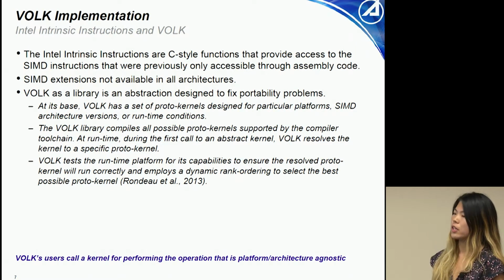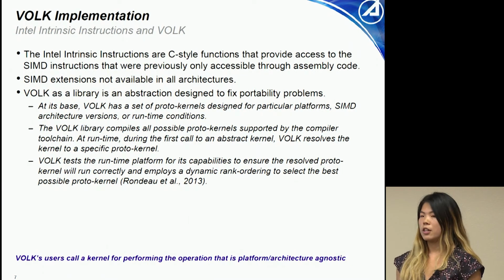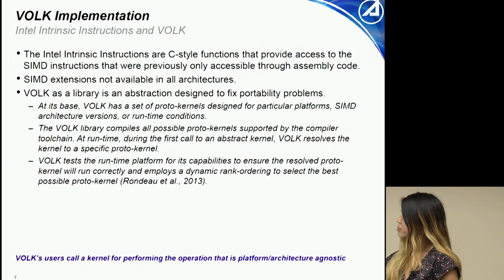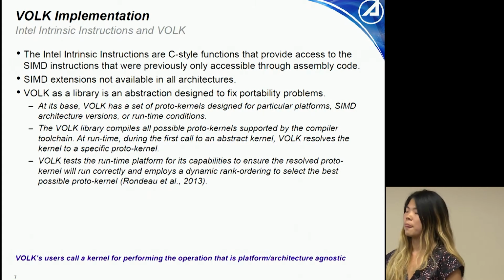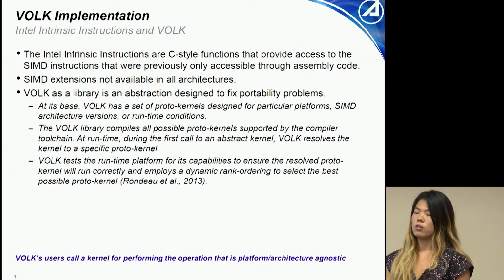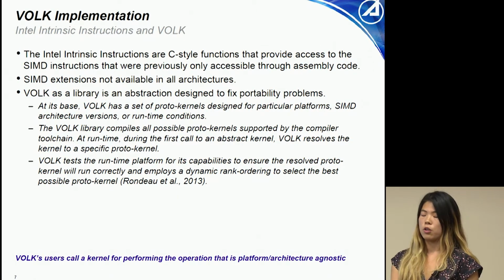So at its base, VOLK is a set of protokernels that are designed to operate on different SIMD architectures, runtimes, or particular platforms. And what happens when you compile VOLK is only the protokernels that are supported by your architecture are compiled. And then when a kernel is called, VOLK resolves the kernel call to a specific protokernel.